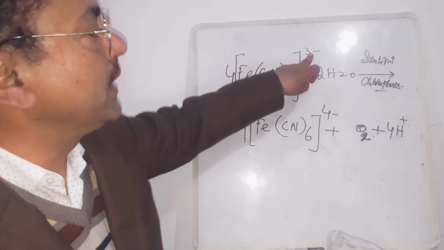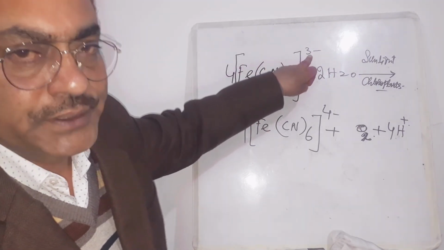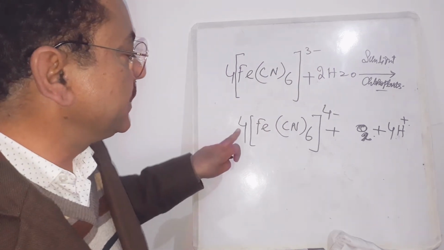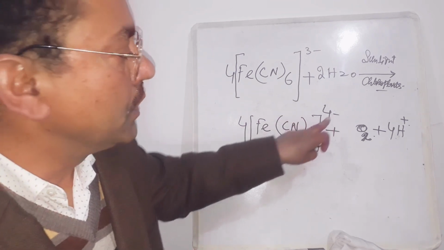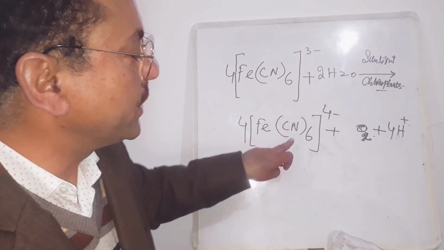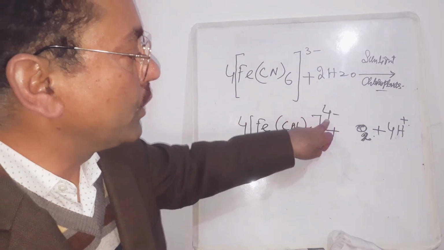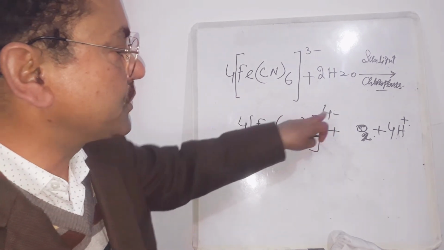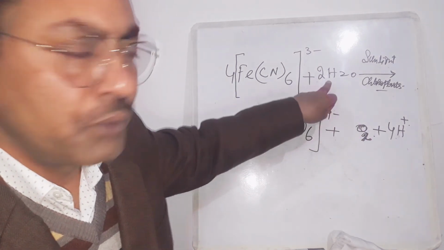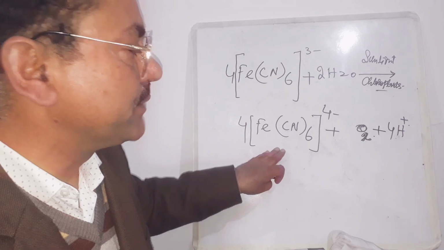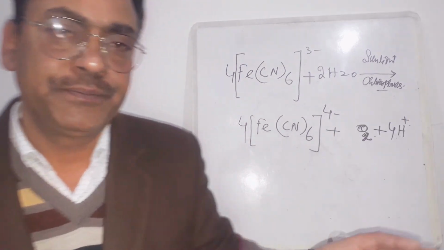Here you had how many electrons? 4 times 3 is 12 electrons. And here we have 4 times 4, that is 16 electrons. So 4 electrons are more in this substance. These 4 extra electrons came from 2 molecules of water, and they were accepted by ferricyanide, and ferricyanide got reduced.